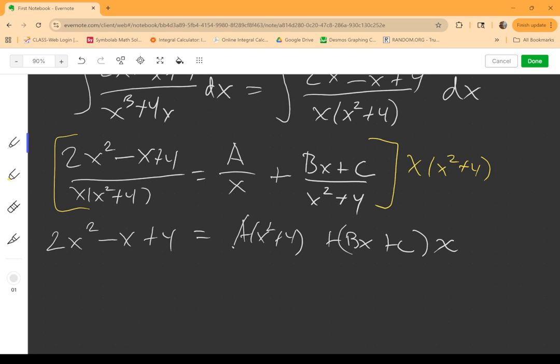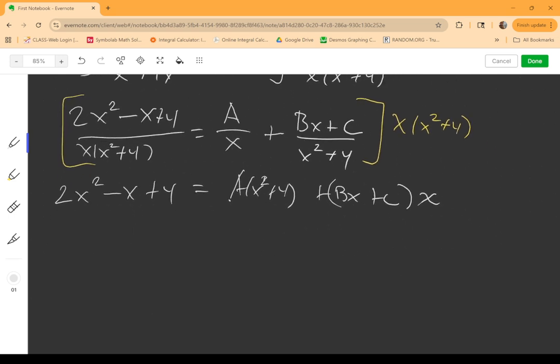Okay. And then we'll start by plugging in. Here there's only one root, that root being 0. So I'll start by letting x equal to 0. If I let x equal to 0, on the left I get 4, and on the right I get 4a, and then this quantity goes to 0. So I get a is equal to 1.